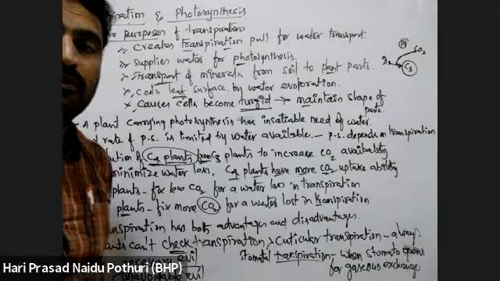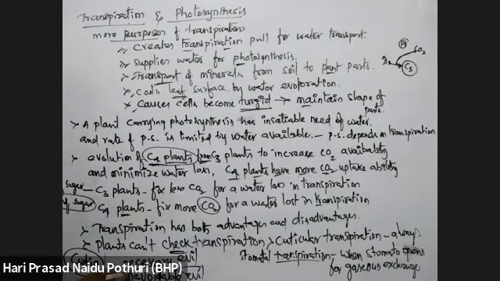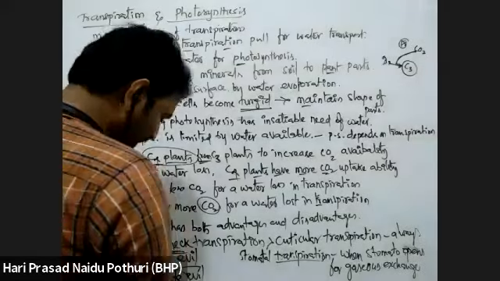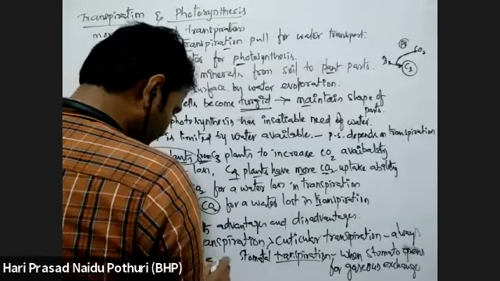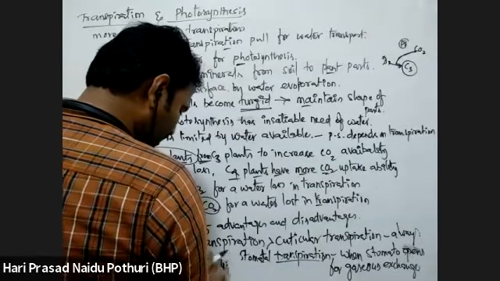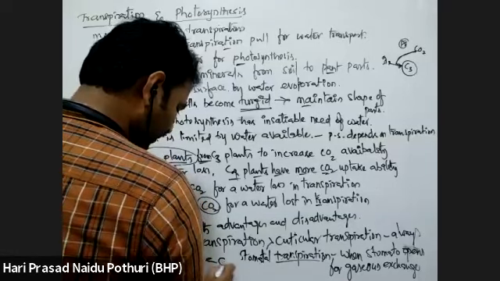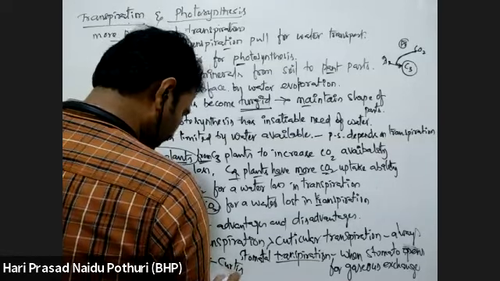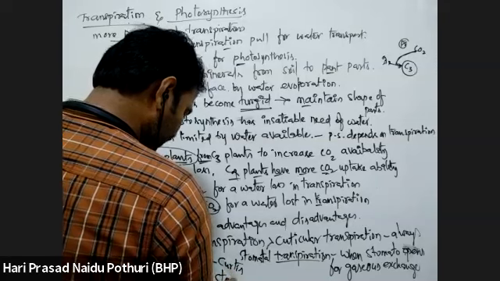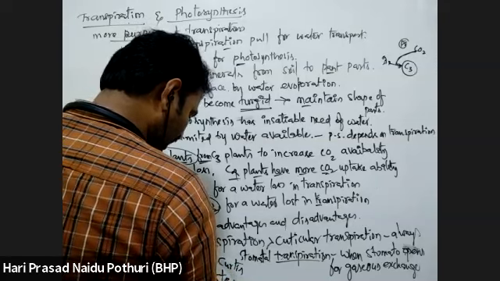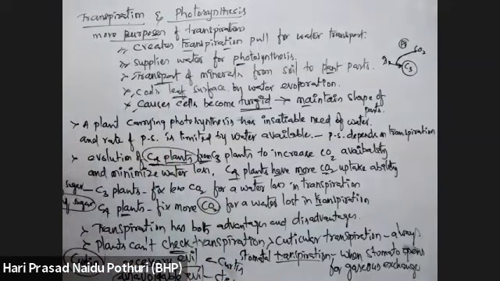Curtis called stomata an unavoidable evil. Two scientists are named here: Curtis called it necessary, and Stewart called it an unavoidable evil.